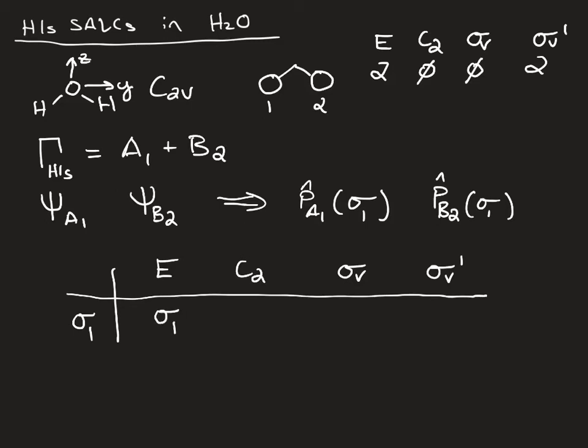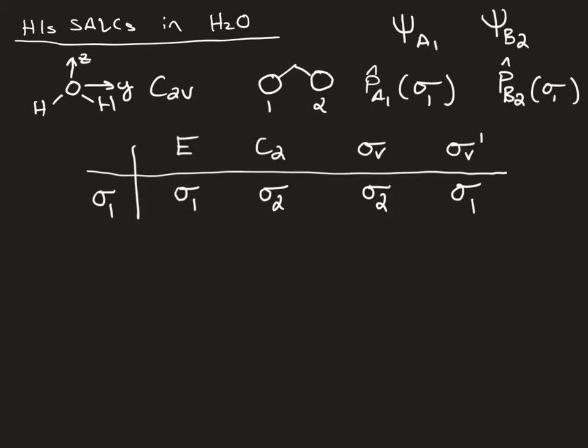Upon doing a C2, sigma 1 converts to sigma 2, so it changes to sigma 2. Sigma V, it's going to reflect, so we get sigma 2. Sigma V prime, it stays in the same place, so it remains sigma 1.